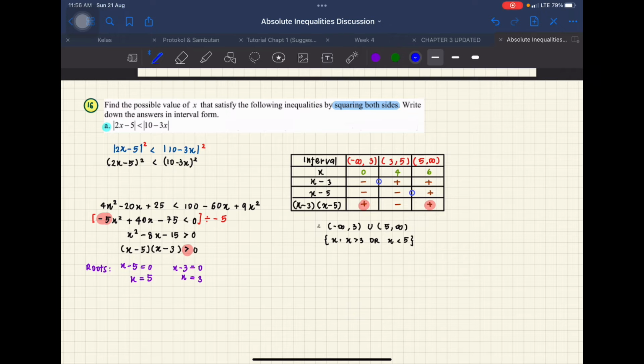Okay, so awak tambah kat sini 2x minus 5 times itself, less than 10 minus 3x times itself.